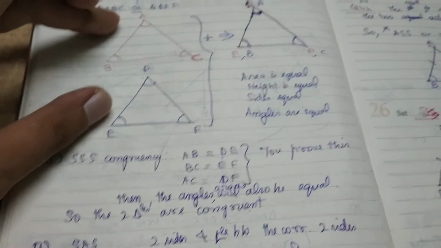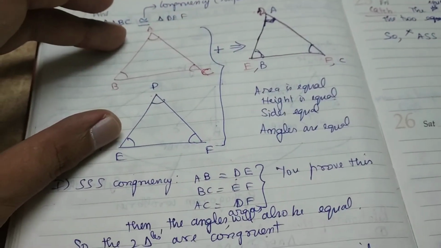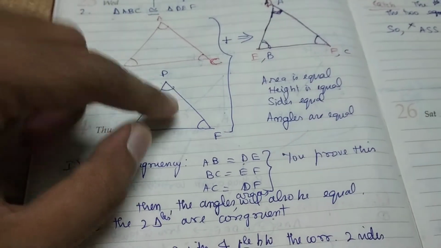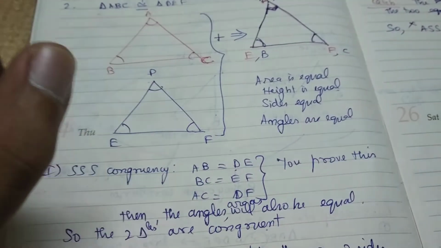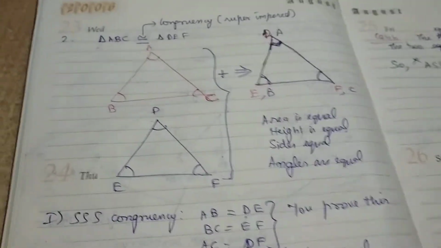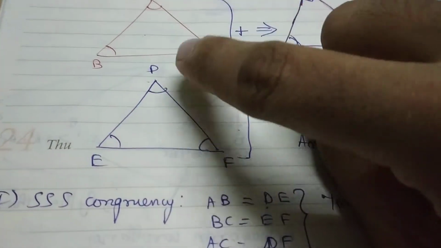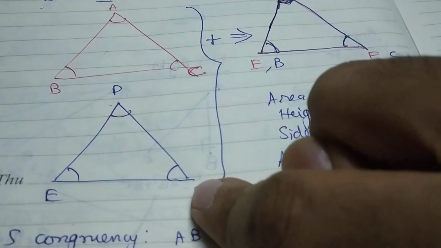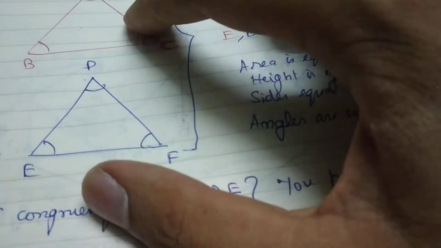Side congruency means if you prove the three sides of a triangle are equal, then the two triangles are congruent. That is, if you prove AB is equal to DE, BC is equal to EF, and AC is equal to DF, the two triangles are congruent.